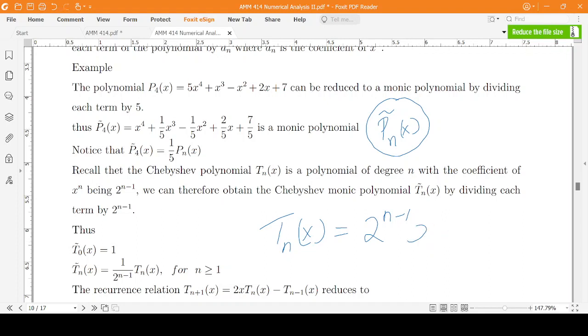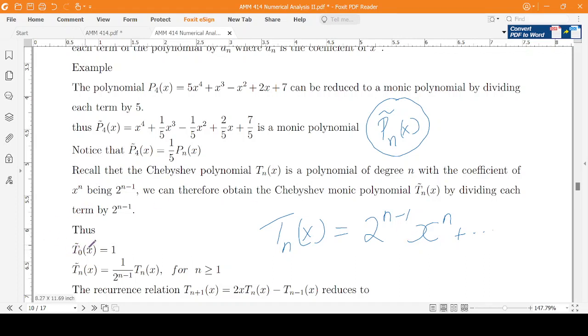The first term is x raised to power n, then we have the other terms. The coefficient of the highest power of x was 2 raised to power n minus 1. That's what we had seen. So it means that we can generate a monic Chebyshev polynomial by dividing Tn of x by 2 raised to power n minus 1. We divide each term.